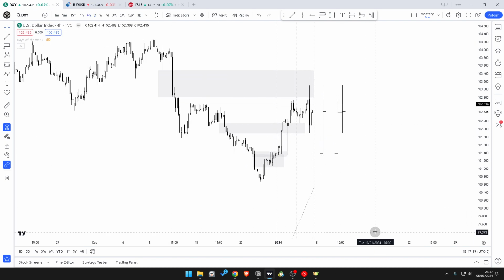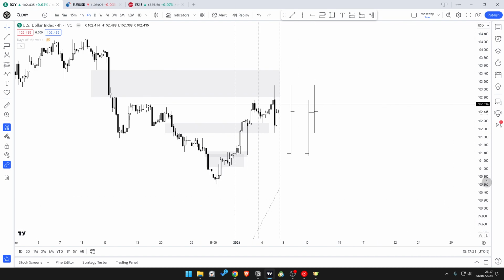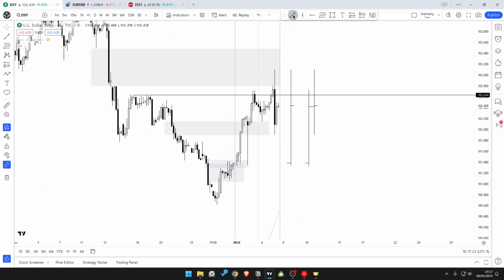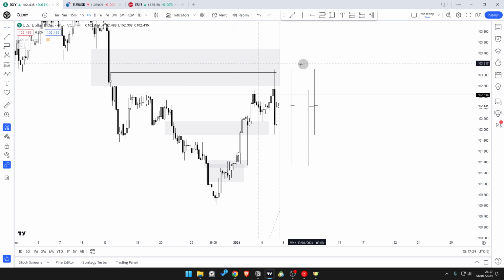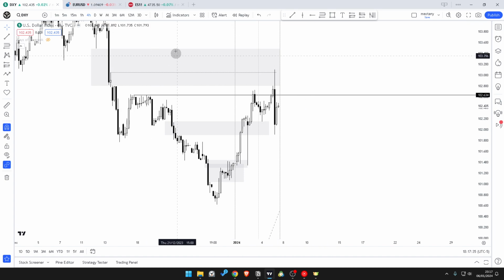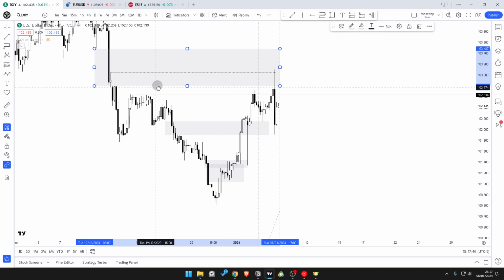And what I can see is that the high of the week was made at a 4 hour CB inside of a 4 hour PD of a 1 day PD array. I'm sorry. So this box was a 1 day CB above my drawn equity.